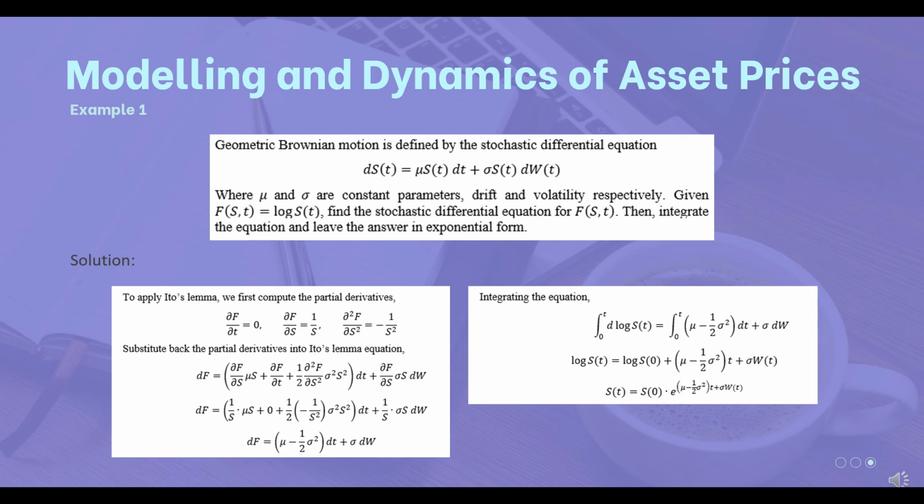In order to find the stochastic differential equation for f(St), we need to apply Ito's Lemma. We first compute the partial derivatives, and then substitute them back into the Ito's Lemma equation. After we get the stochastic differential equation, we integrate it, and we will get the answer in explicit form.